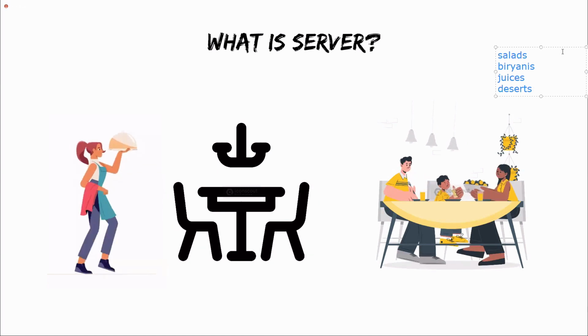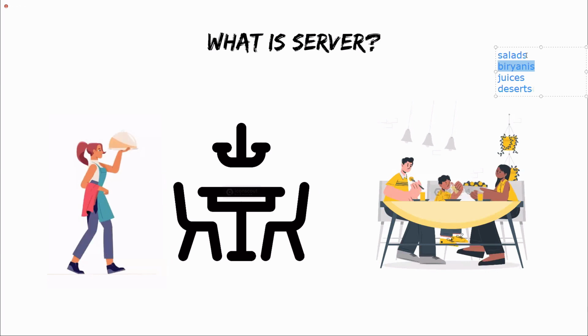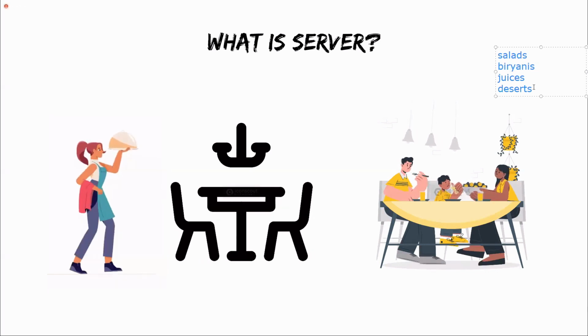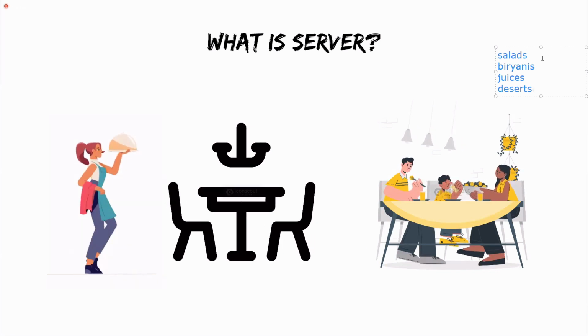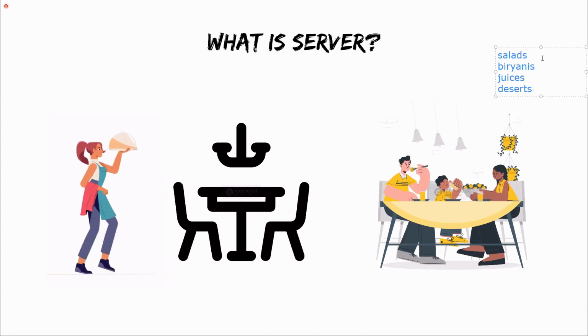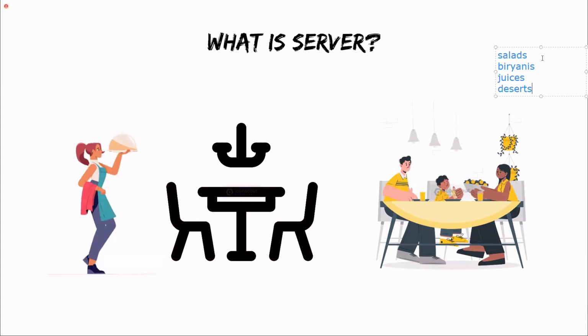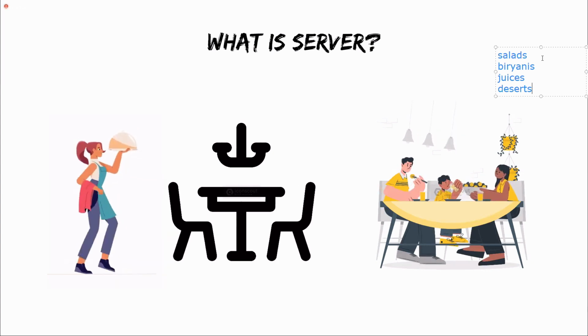For example, my child is fond of salads, so he ordered the salad. I'm fond of biryani as well as juices, so I ordered both. And my wife is fond of desserts. If you observe here, are our priorities and requirements the same or different? We have different requirements. We have something called a menu, and we ordered as per our requirement.